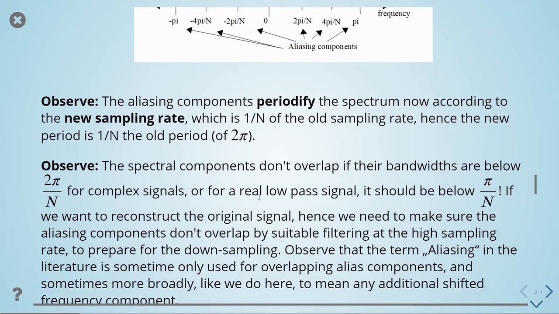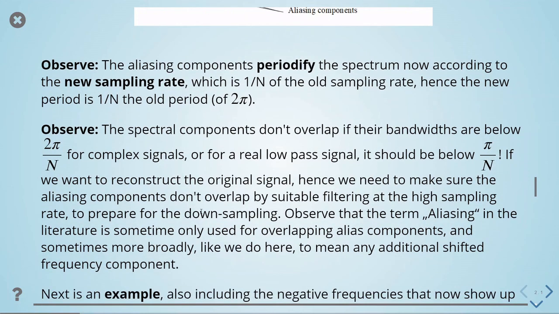Let's also observe that the term aliasing in the literature is sometimes only used for overlapping aliasing components, but like we do here, we use it more broadly: any additional shifted frequency component we also call aliasing.